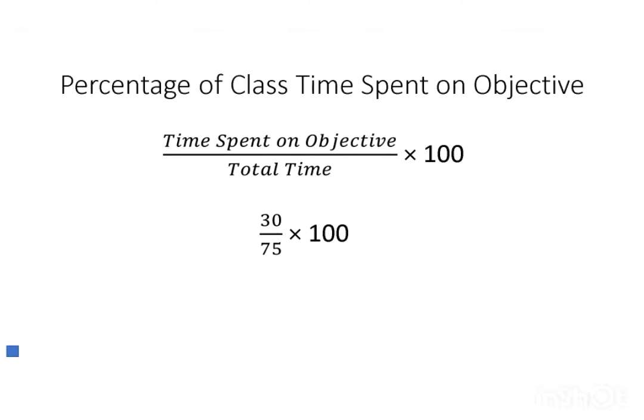So the time spent on the objective is 30 minutes and the total time is 75 minutes. When we find the quotient here, we'll multiply that by 100 and that will give us 40%. So 40% of time is spent on this particular objective.